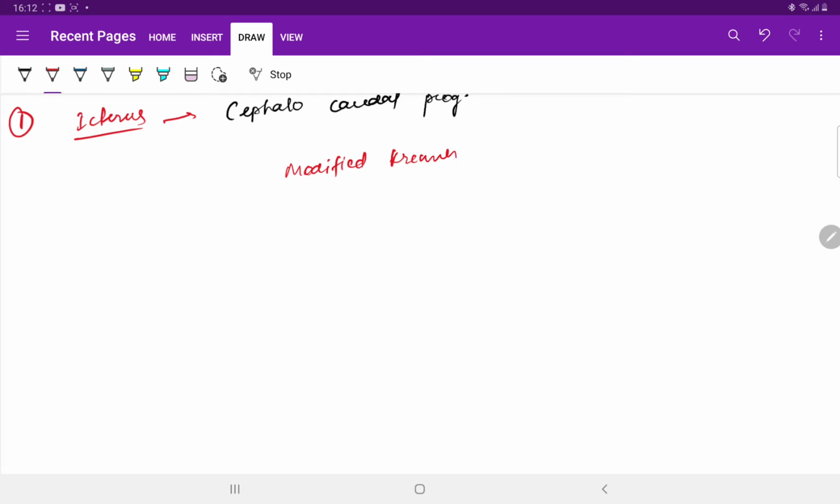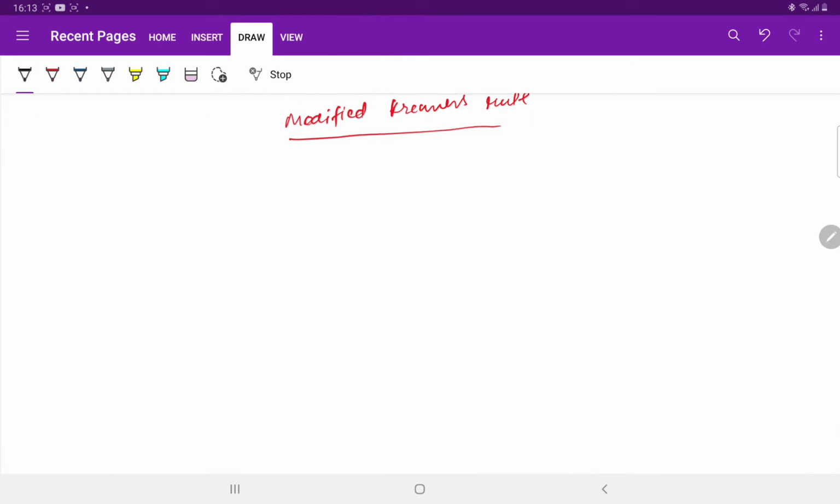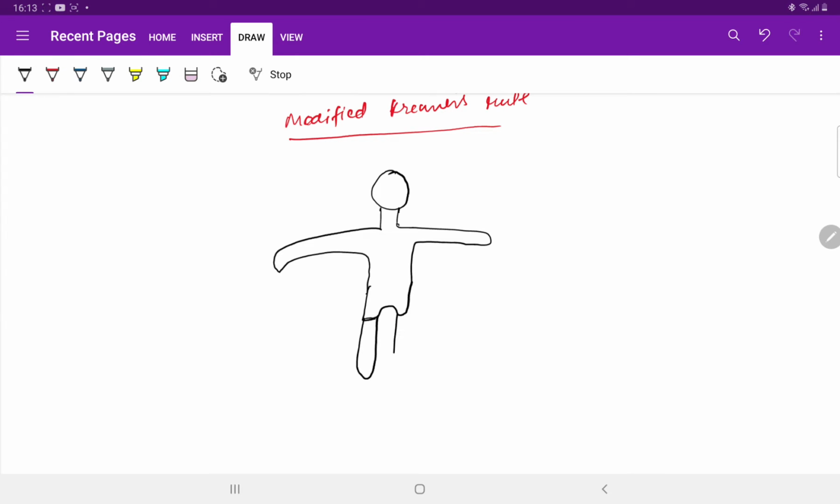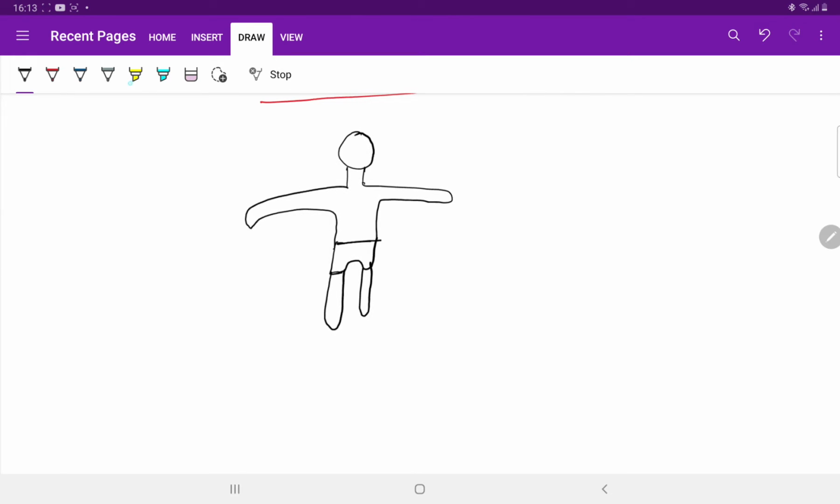We'll be drawing a diagram and then seeing how to estimate the amount of bilirubin that might be circulating in the blood. So in this diagram, let me explain things to you.